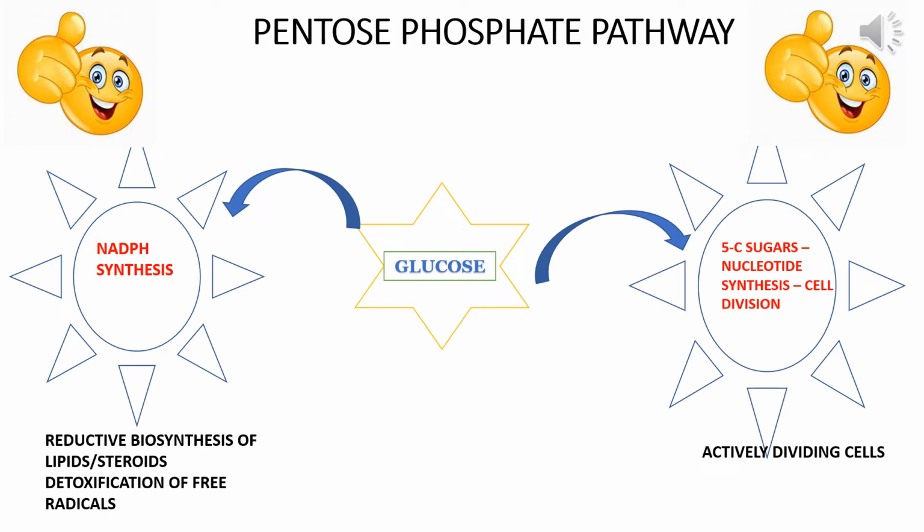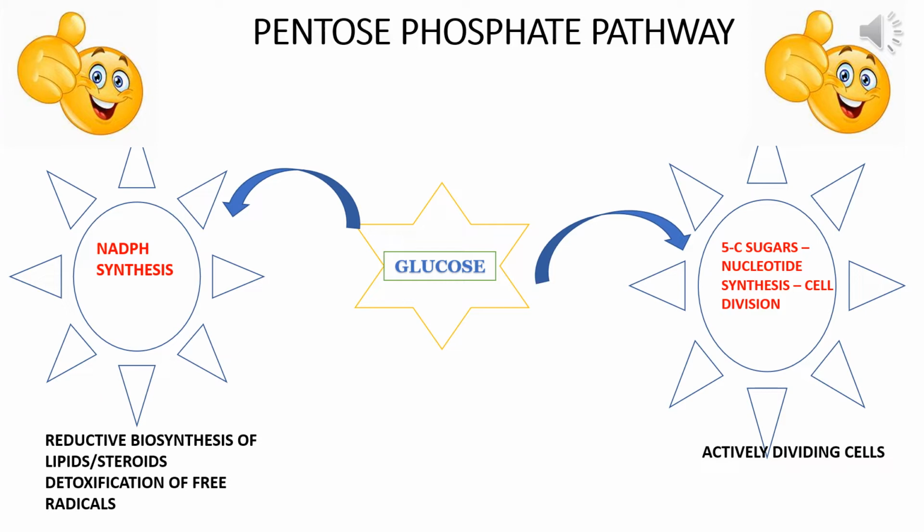Pentose phosphate pathway is a pathway of carbohydrate metabolism in the cell which is aimed not at the production of ATP but at the production of two other types of products.